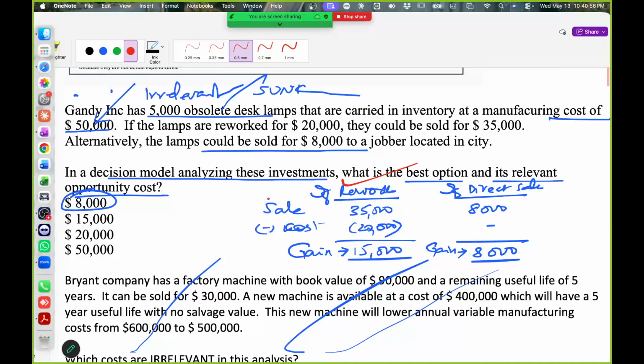Why is your boss not liking the 15,000 gain? Is he really crazy? We get 7,000 extra. What happened to my boss? Sometimes I ask you, what happened to all of you?